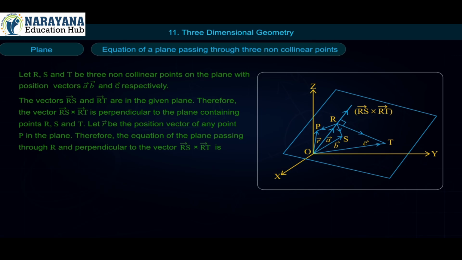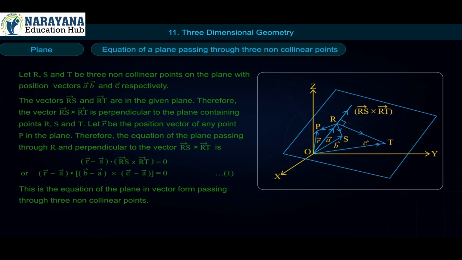Therefore, the equation of the plane passing through R and perpendicular to the vector RS × RT is (r − a) · (RS × RT) = 0, or (r − a) · ((b − a) × (c − a)) = 0. Equation 1. This is the equation of the plane in vector form passing through three non-collinear points.